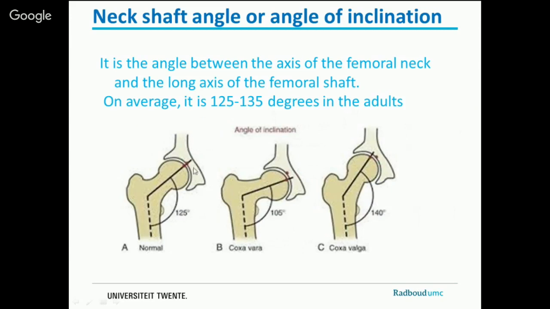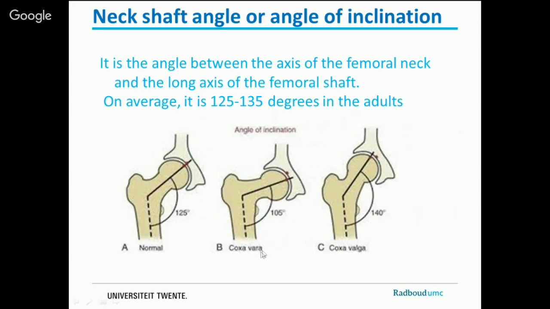If you look at the bones, it's important to know what is normal. A surgeon or a clinician will always look at what is normal. What is a normal range of motion? What is a normal orientation of the femoral neck relative to the axis of the femur? And normal is about 125. If a patient has an excessive coxa vara, then the inclination angle is lower, okay?